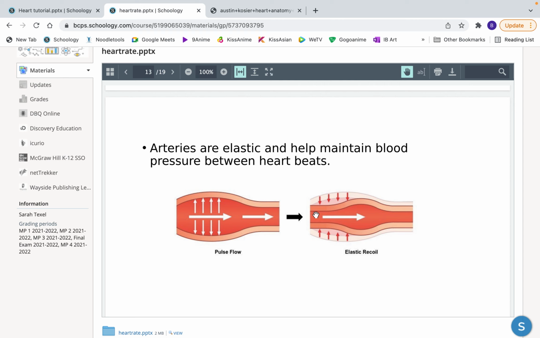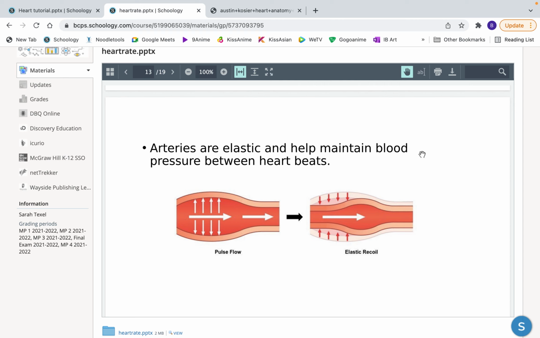If we just had pressure coming from the pumping of the artery and then the ventricle, mainly from the ventricle, that would probably not be enough to push our blood all the way through our body and maintain blood pressure that keeps pressure on the blood cells. So because of this pulse flow and elastic recoil, that helps to do that.